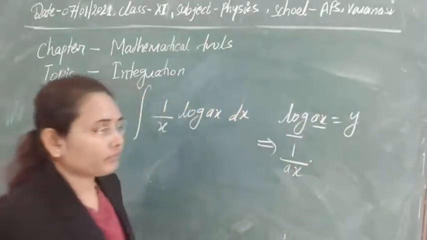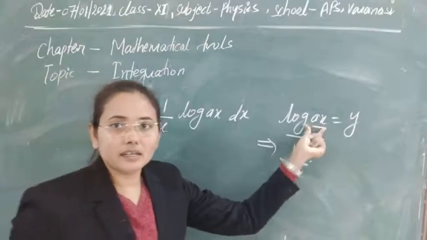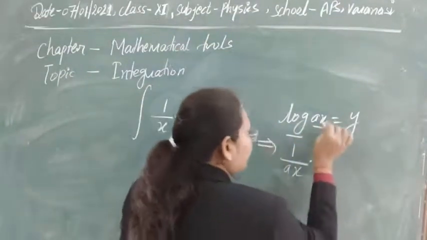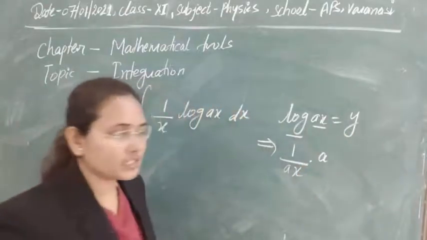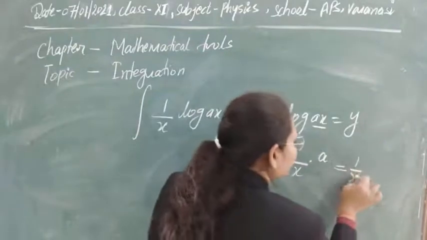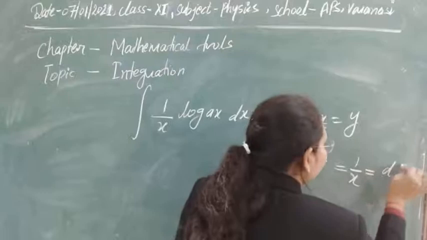After that, differentiate the term ax: the differentiation gives a, and the differentiation of x with respect to x is 1. So finally we get 1 by x after solving this.